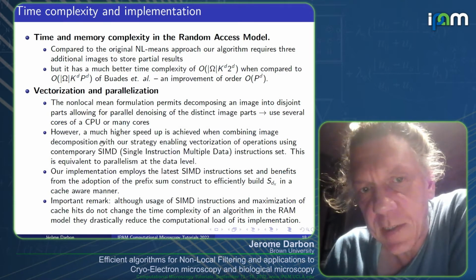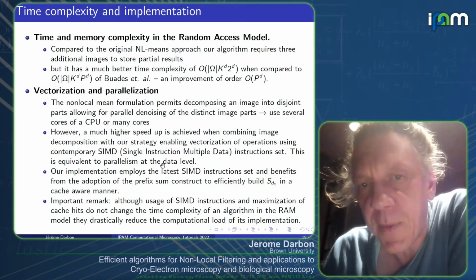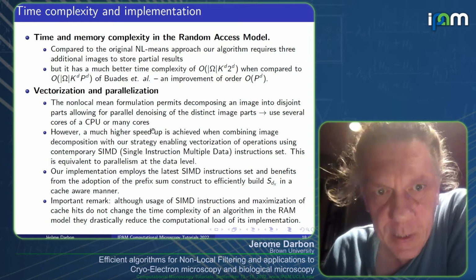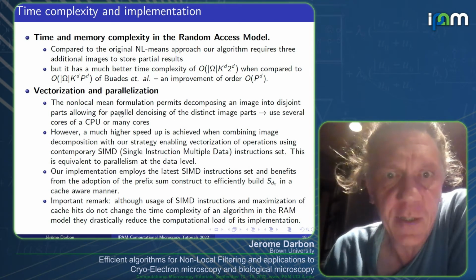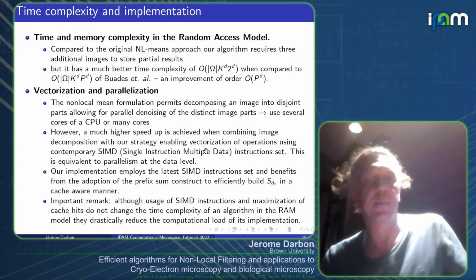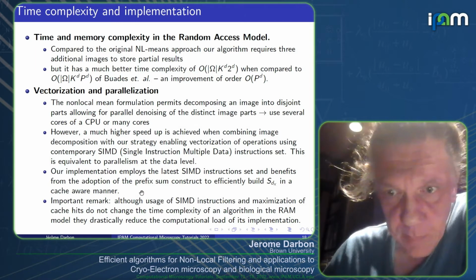So you should see SIMD as a parallelization, but at the level of data. Parallelism originally is at the level of cores in a CPU, but you have also another level of parallelization in modern architecture at the level of data using SIMD.